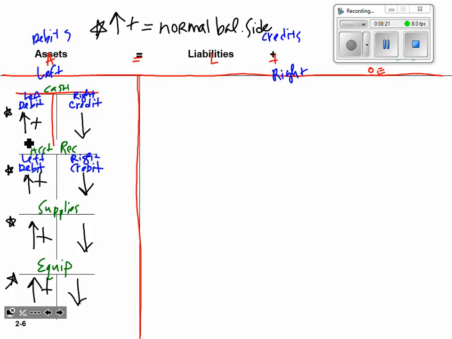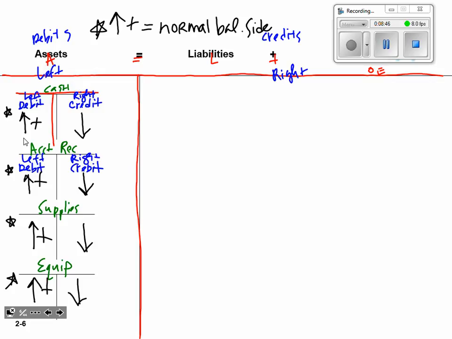Okay, so let me just play this out. I'm running out of pen color here. Let's say I bought supplies using cash for $100. What did I gain? Supplies.